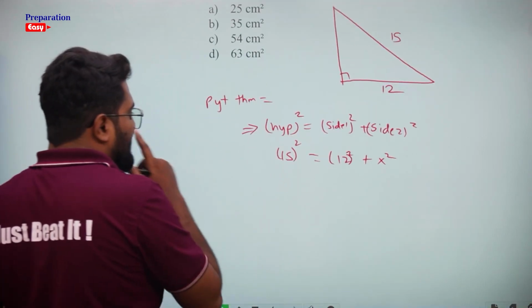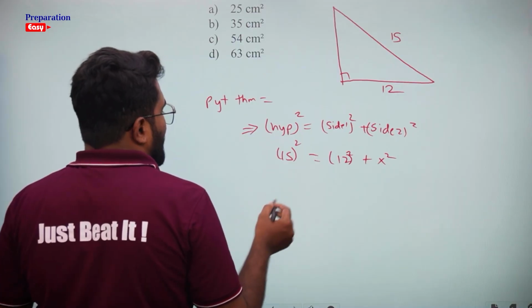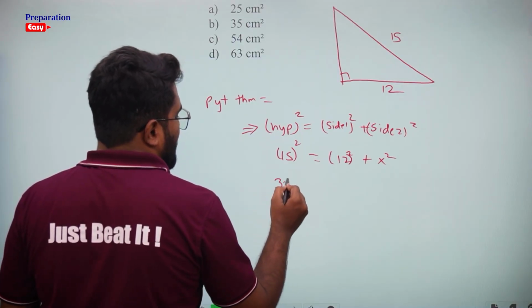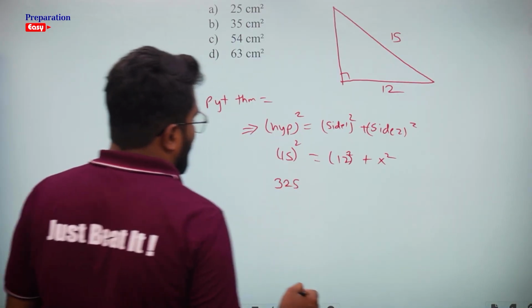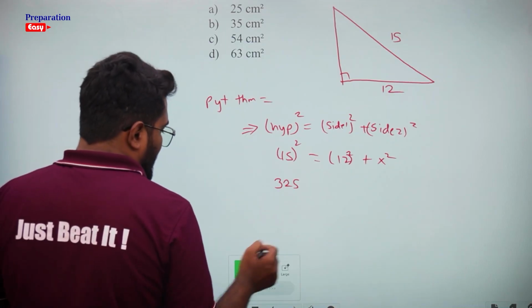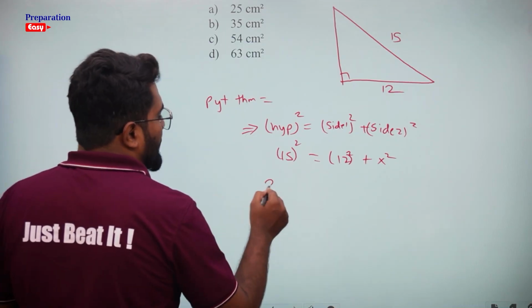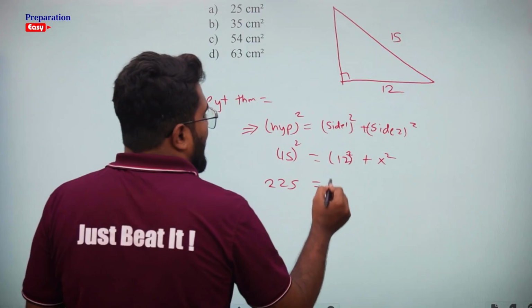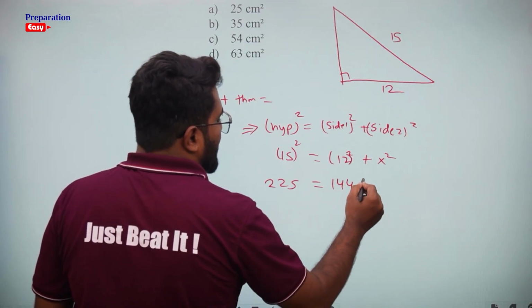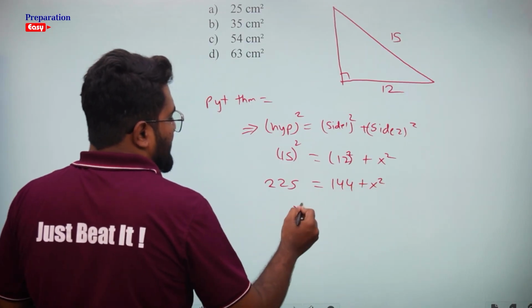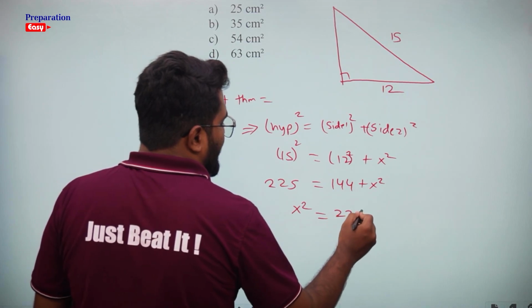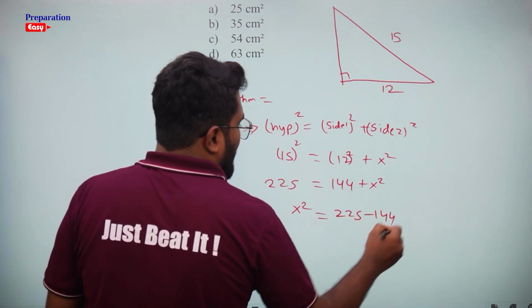Okay, so what will be the 15 square? That is 325. Sorry, not 325, it will become 225. 12 square is 144 plus x square. So x square will become 225 minus 144.